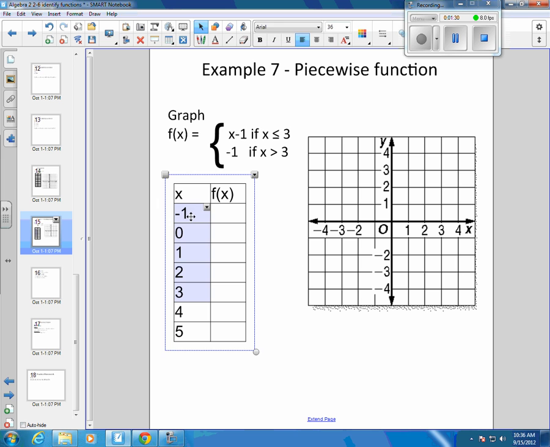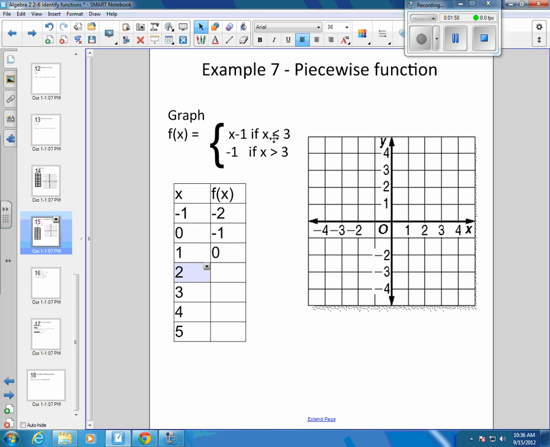So this is going to be -1. -1 is less than or equal to 3, so I take -1 minus 1 and get -2. 0 is less than or equal to 3, so 0 minus 1 is -1. 1 is less than or equal to 3, this is true, so 1 minus 1 is 0.